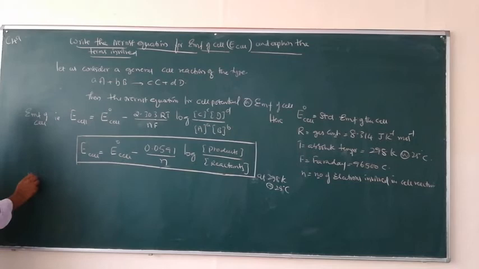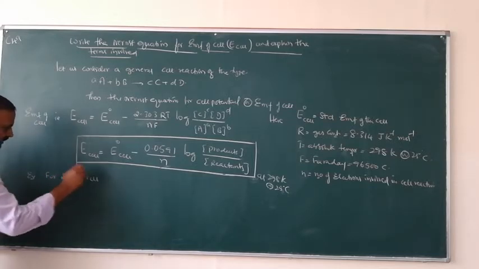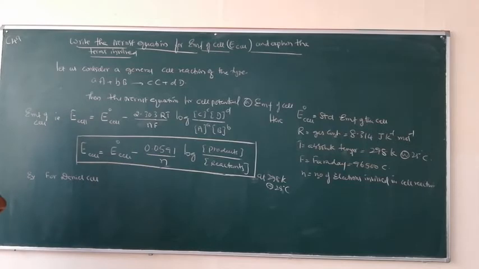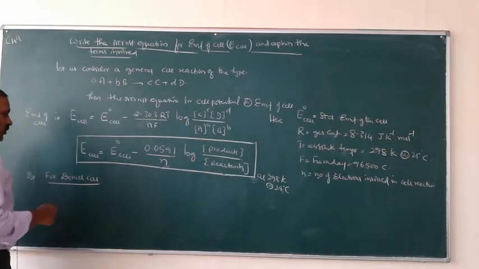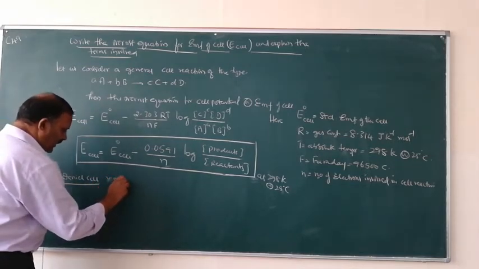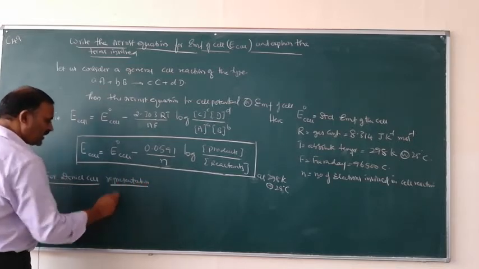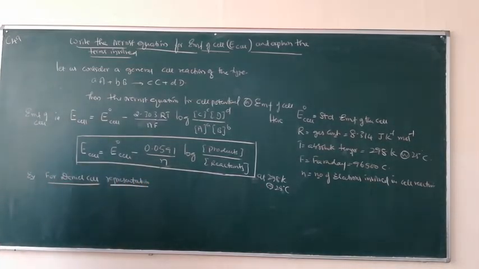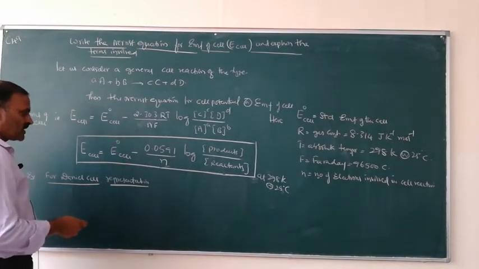Example, for Daniell cell. So how to represent the Daniell cell? What is Daniell cell? Daniell cell is a galvanic cell in which zinc electrode is the anode and copper electrode is the cathode.